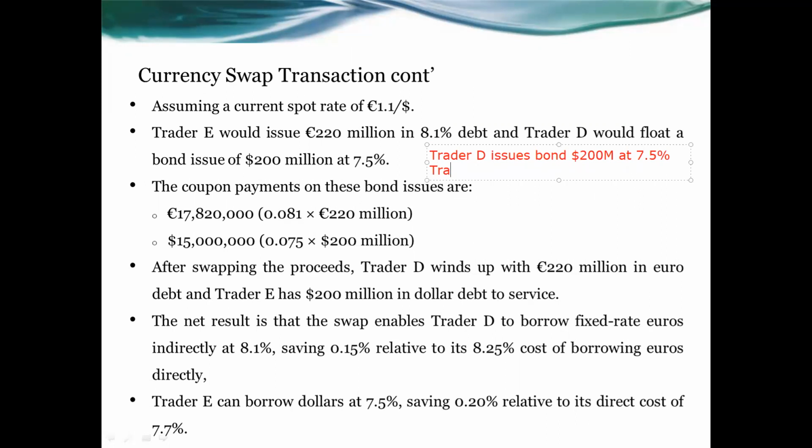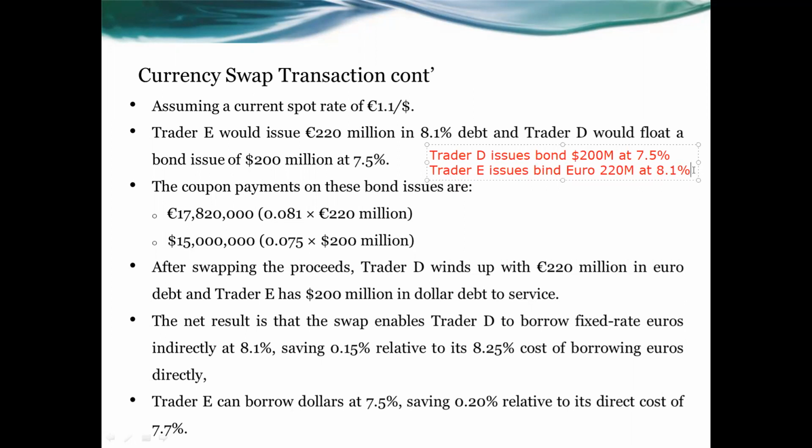And meanwhile, trader E issues a euro bond of 220 million at 8.1%.